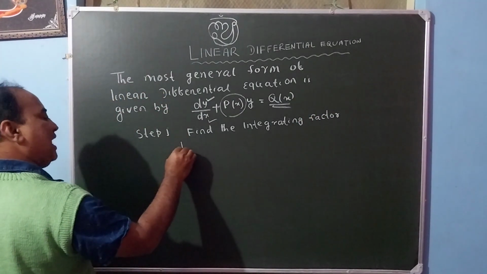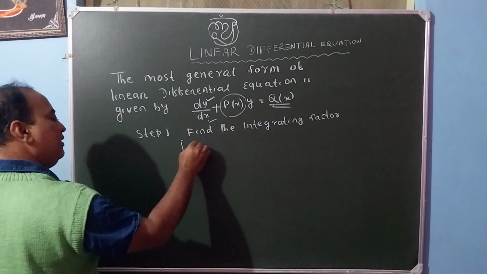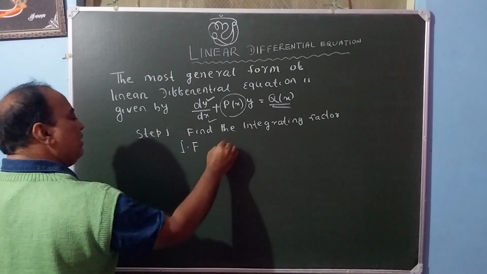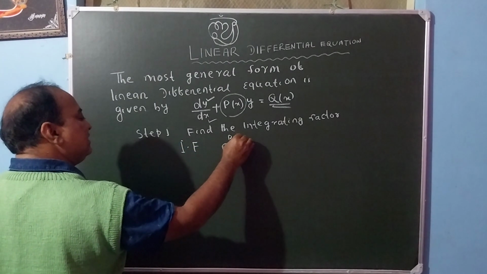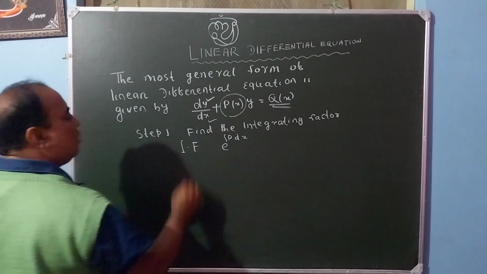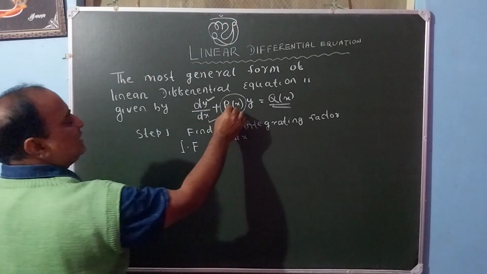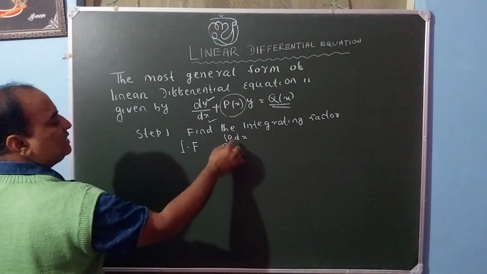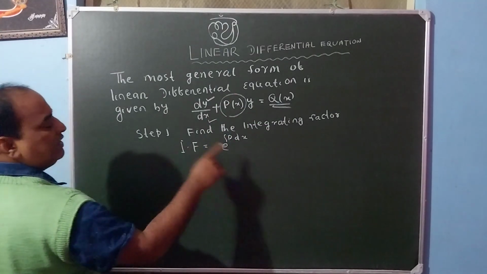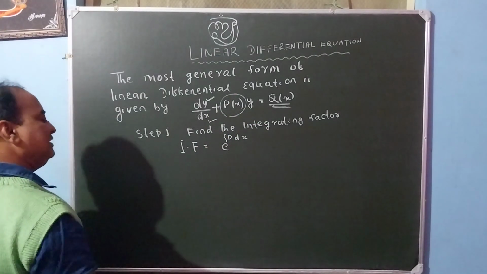The integrating factor, IF, is e to the power integral of P dx. This is the formula. P is a function of x. Integrating factor is e to the power integral P dx.